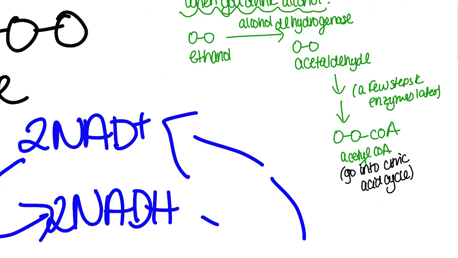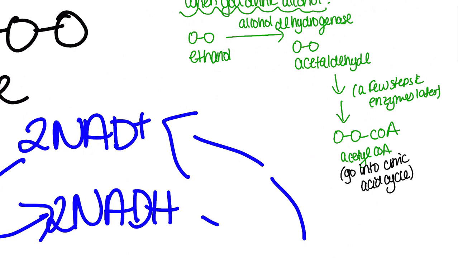So it's kind of a cool process that when you drink alcohol, you basically go in reverse. You took acetaldehyde and reduced it to make ethanol. Now we're taking ethanol, oxidizing it to make acetaldehyde, and then that acetaldehyde, using a couple of other enzymes, can be made into acetyl-CoA.